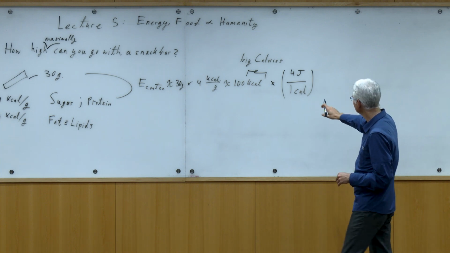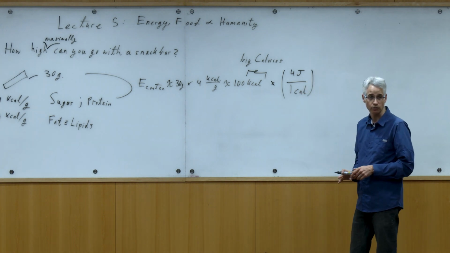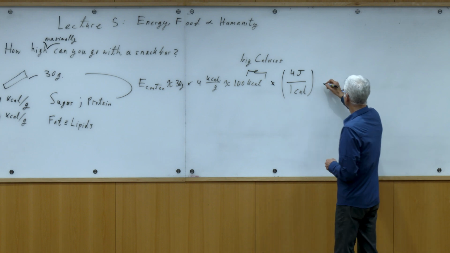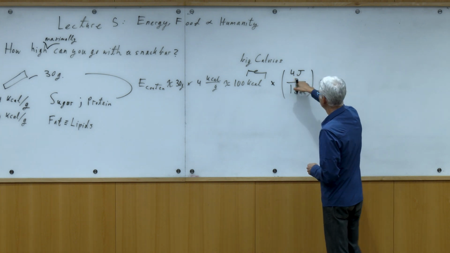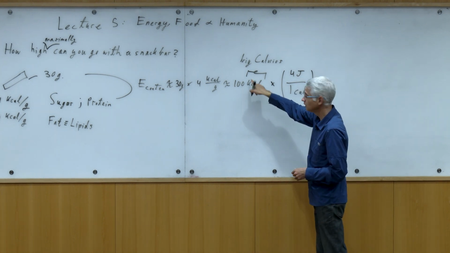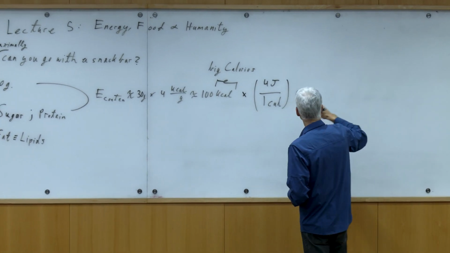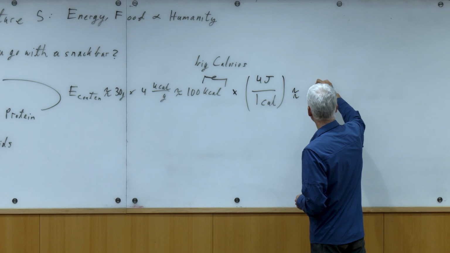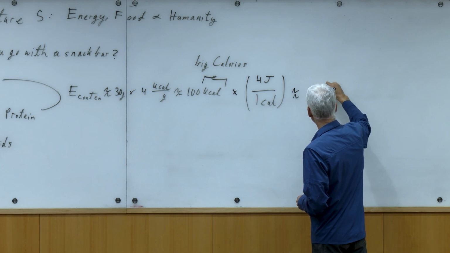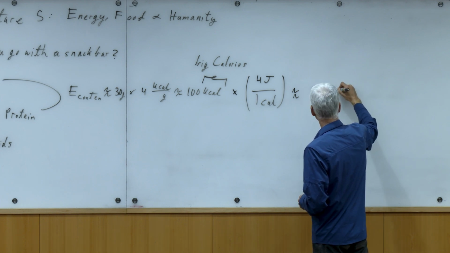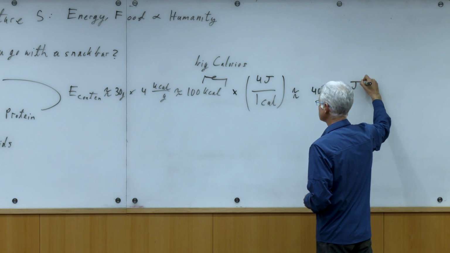Doesn't matter. In the end, it's 4 joules per calorie. Which means that I'm getting here about 4, so 400, but this is kilocalories, 4,000, so it's 1,000. Okay, so I have about 400,000 joules.